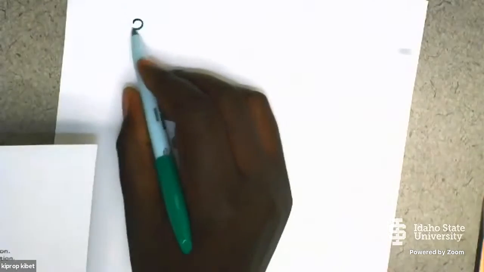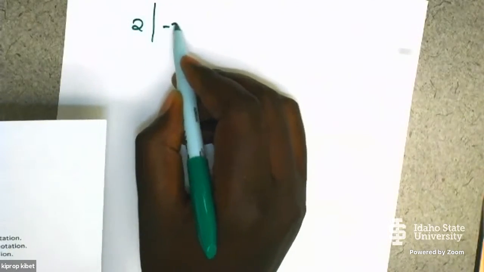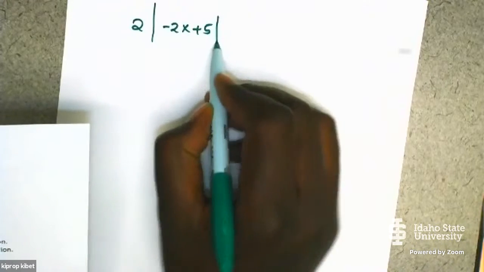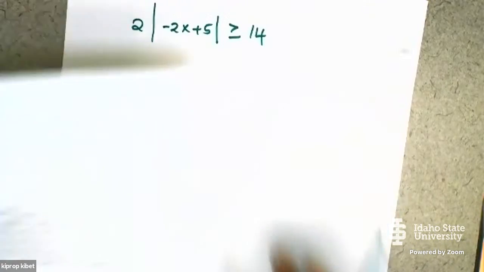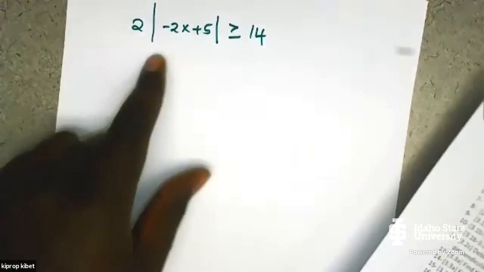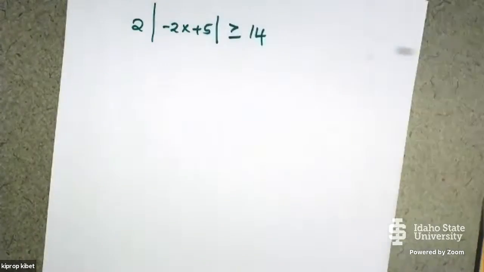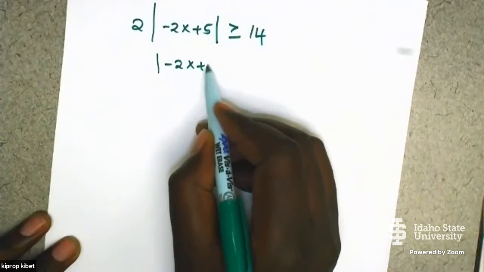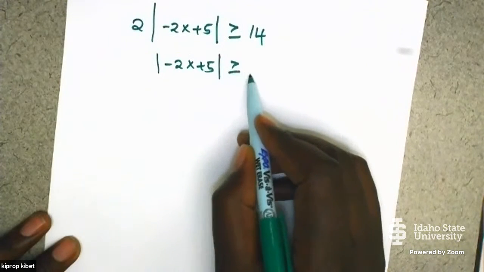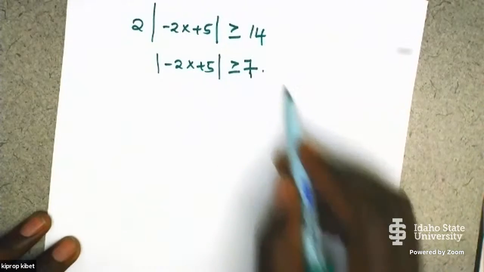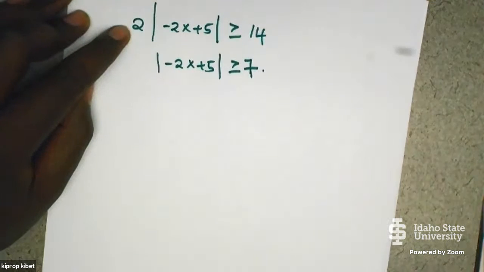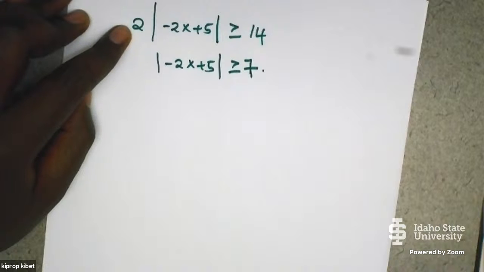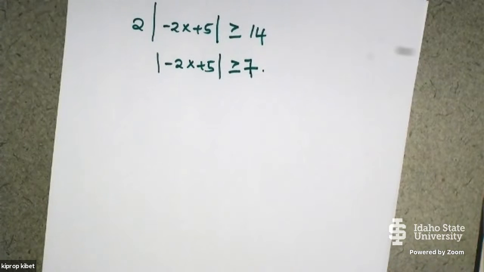So if we have 2 absolute value of minus 2x plus 5 greater or equal to 14, you divide by 2 on both sides. So you get absolute value of minus 2x plus 5 is greater or equal to 7. Now, if this was negative, what could have happened? The sign will flip. So you flip the sign.